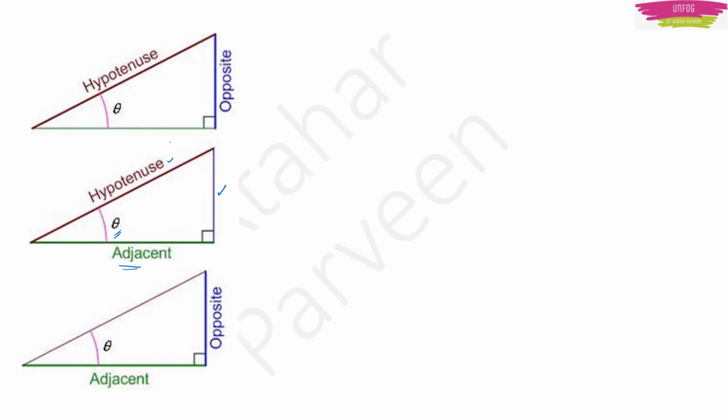Okay, now in this situation, what are these trigonometric ratios? Sin theta will be the opposite side upon hypotenuse. Means if I give names to these triangles, let it be ABC.